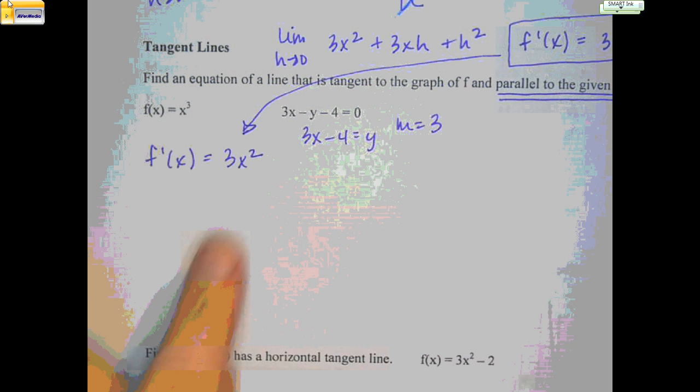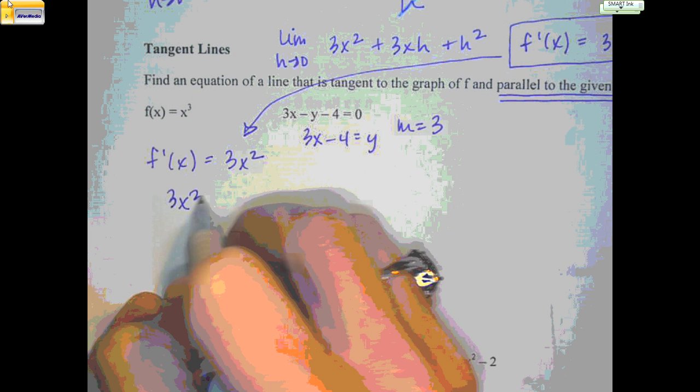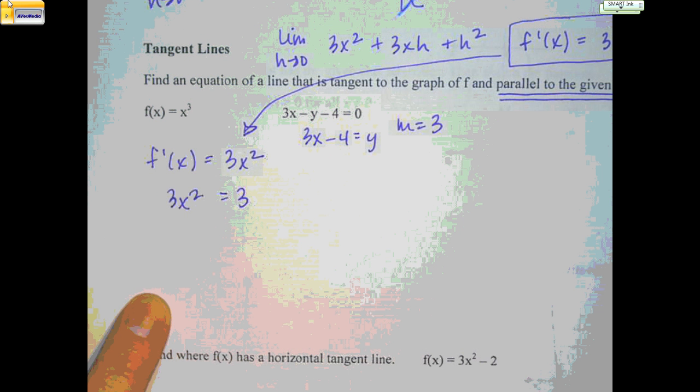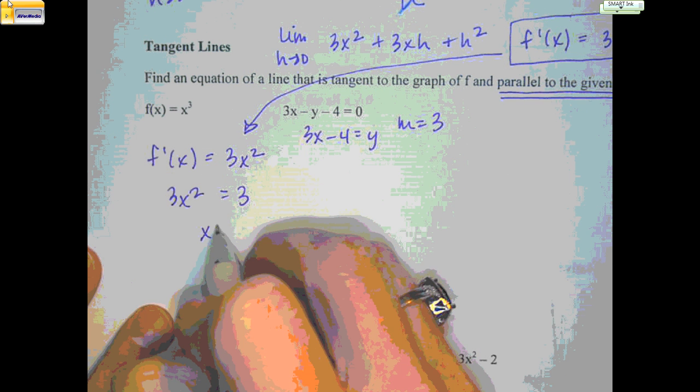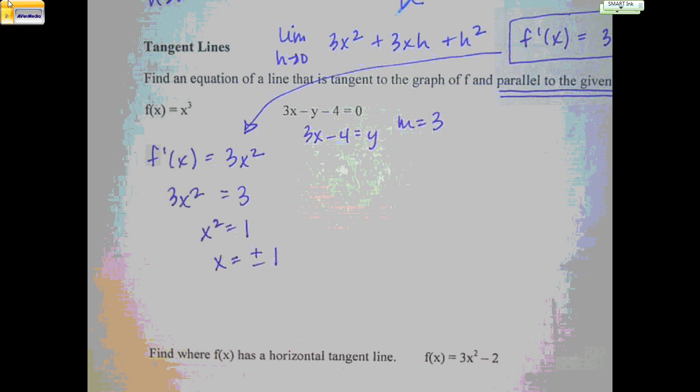Okay, I need this slope formula to equal 3. That's the slope we're looking for. So let's solve. Divide both sides by 3. Square root both sides. And it looks like x is going to have 2 values. So there are 2 places on that graph where the slope is 3.